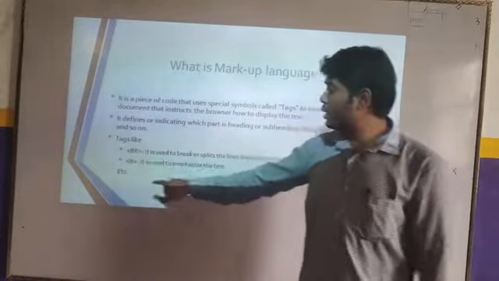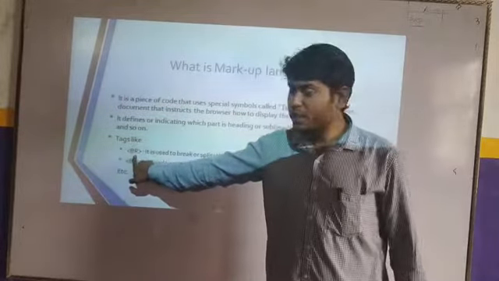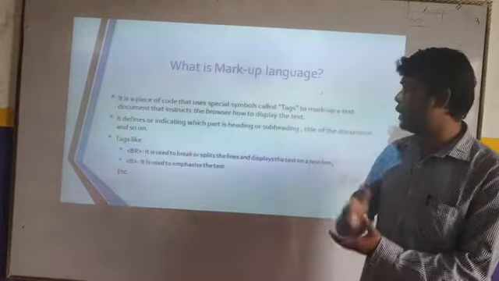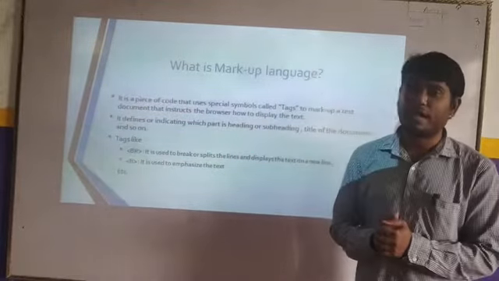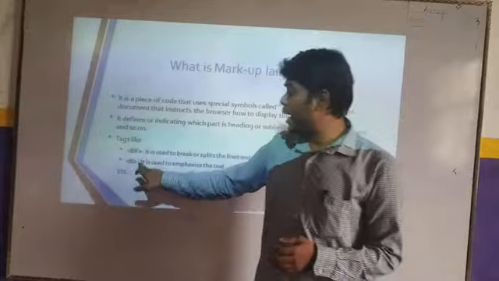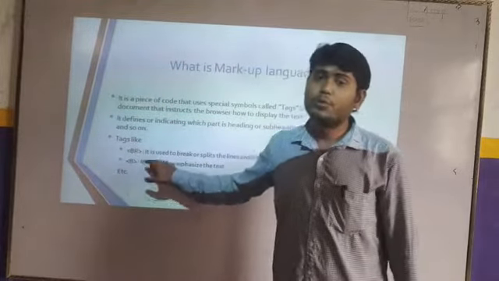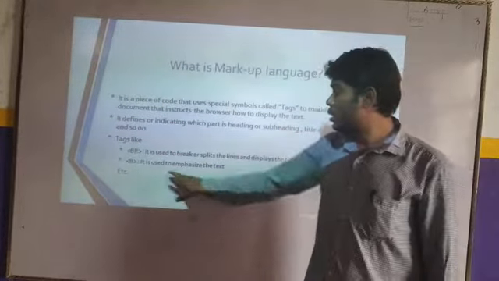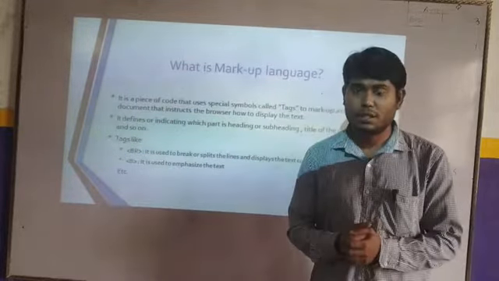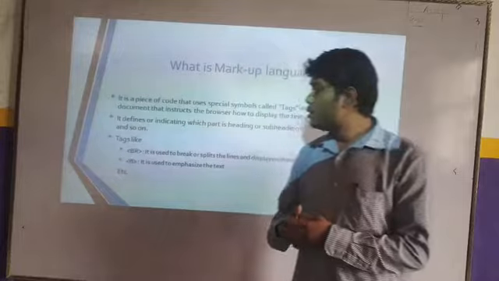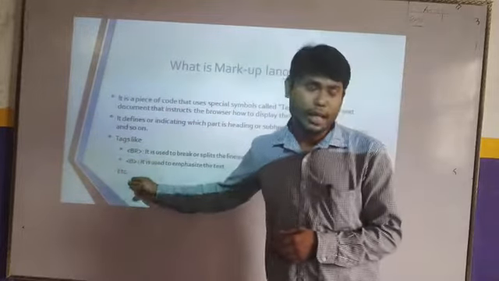Tags like BR are used to break or split a line and display the text on a new line. So these are the tags that we use to create our HTML document. Like the B tag is used to emphasize the text in the web page. Later on we will discuss the tags.